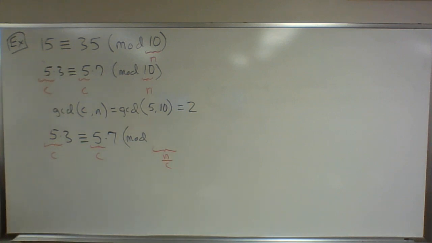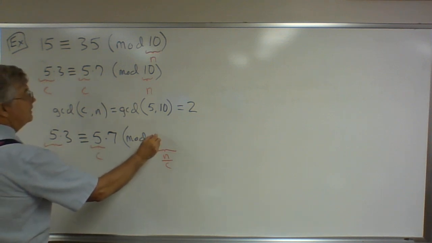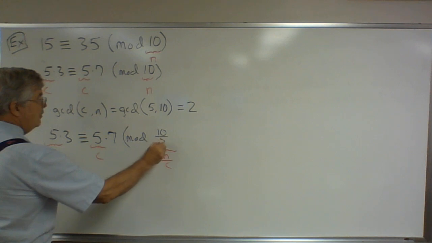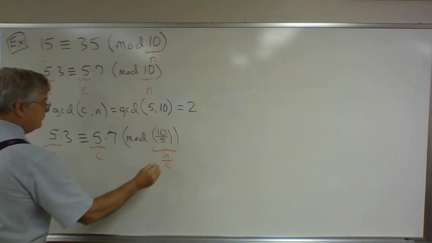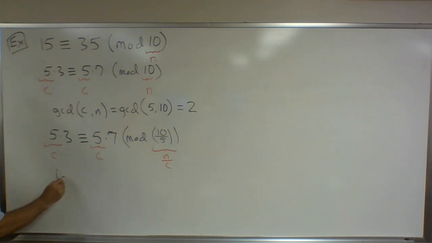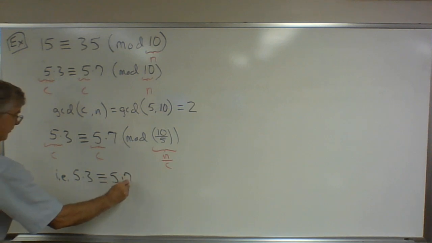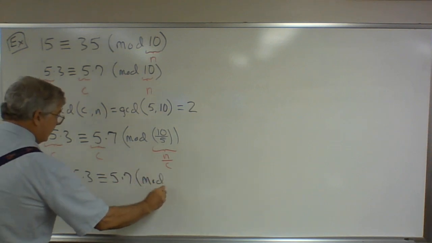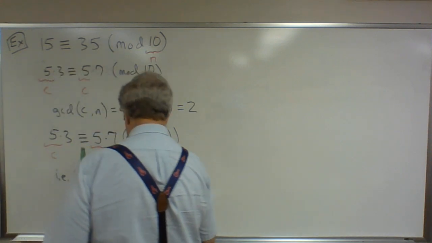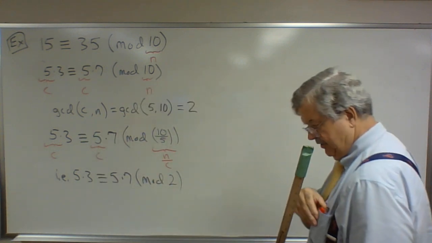We can cancel the C's and we will have a congruence that is true if we do mod n over C. That's mod 10 over 5. And 10 over 5 is 2.